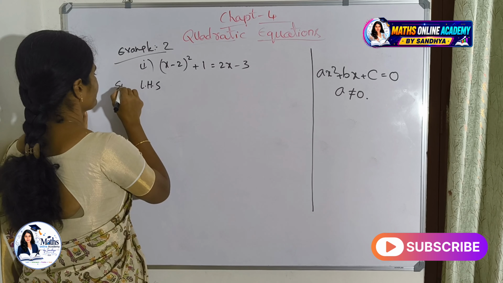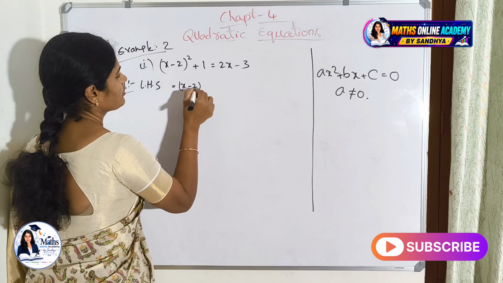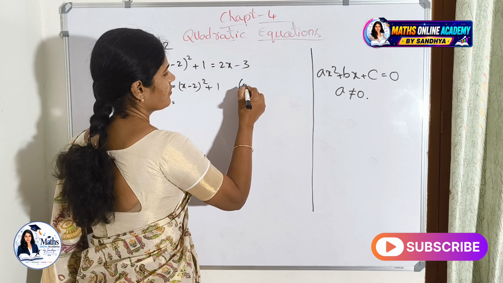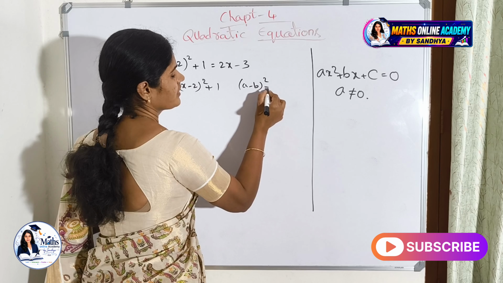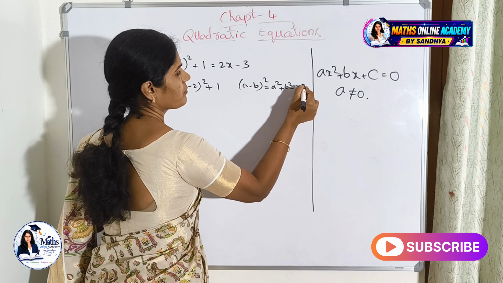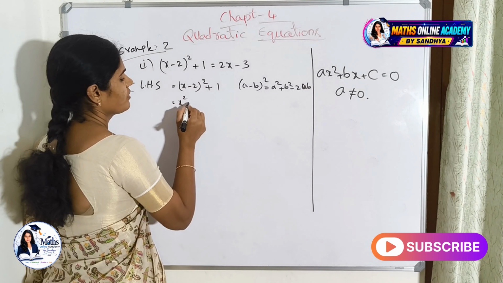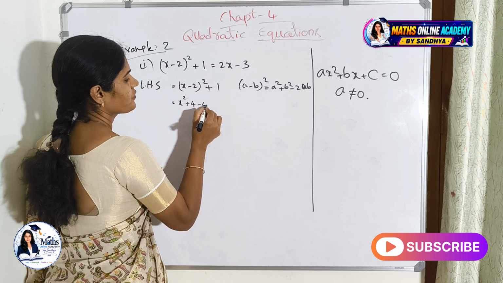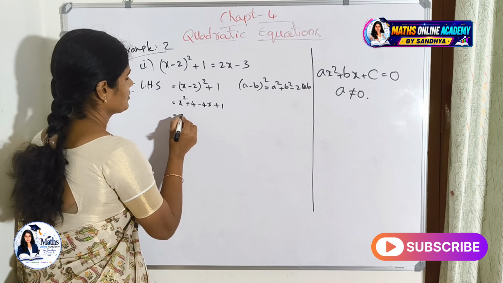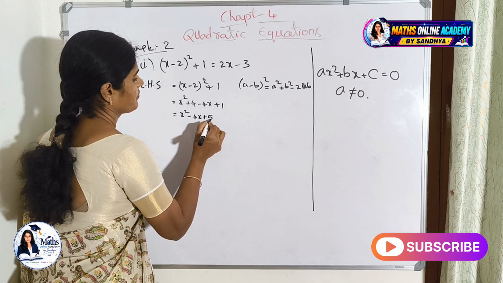LHS equal to x minus 2 whole square plus 1. What is the formula for a minus b whole square? A square plus b square minus 2ab. So x square plus 4 minus 4x plus 1, which gives x square minus 4x plus 5.